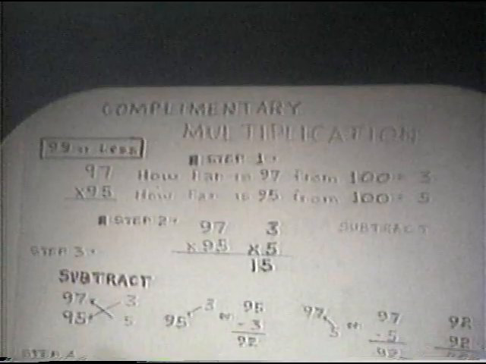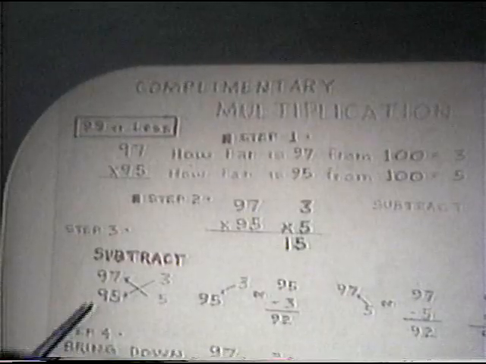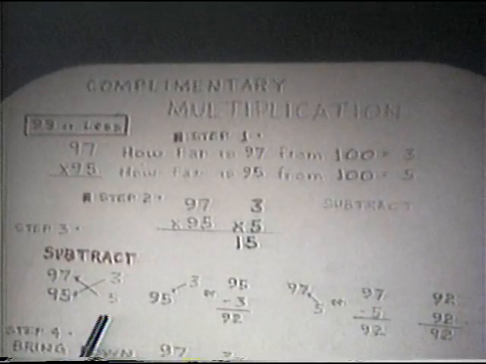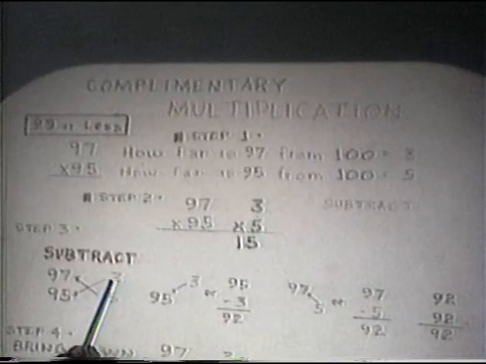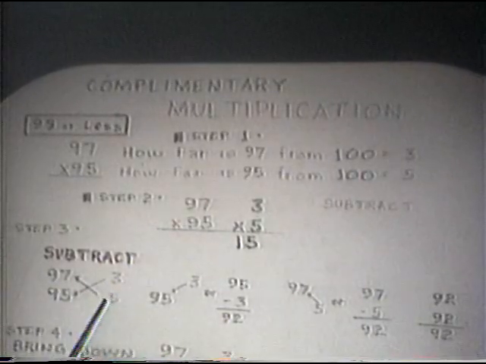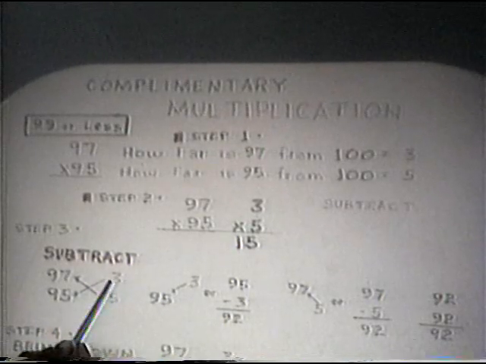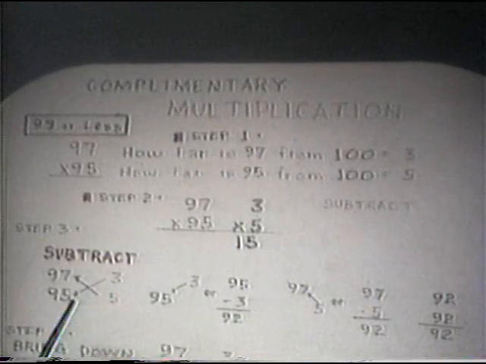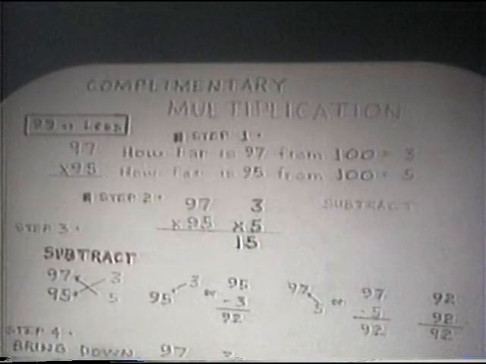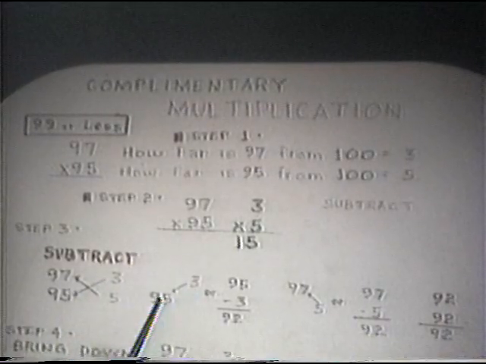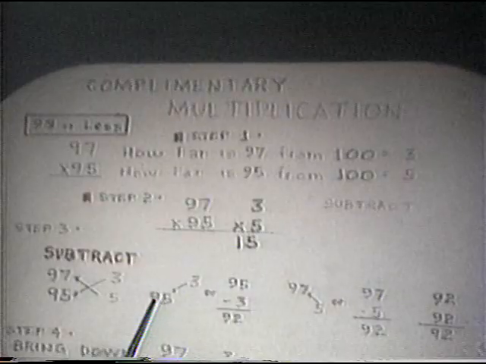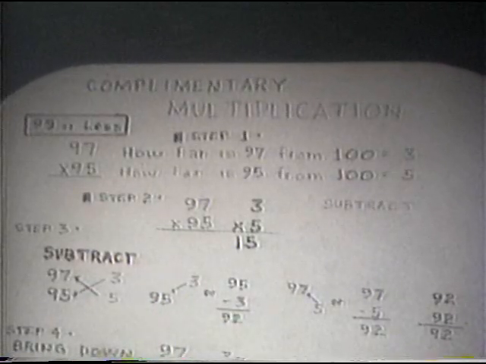Now we're going to the third step, in which case you subtract. And look the way these arrows are going. This arrow is going to the 95, this arrow is going to the 97. So we're cross subtracting. 3 from 95 is 92.